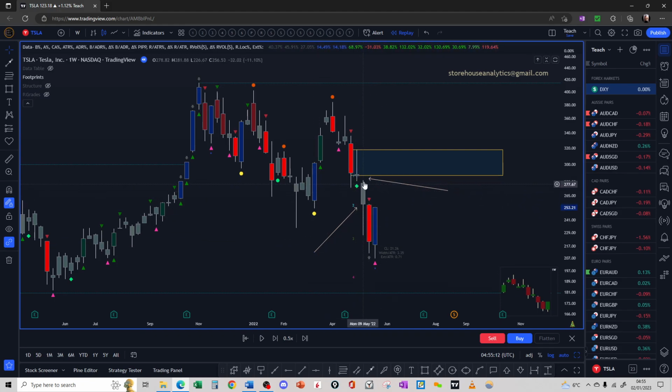Are you going to evaluate this supply zone as different to, say, this supply zone, for example? You probably will, because that one has clearly a bigger body relative to the range, almost 58% compared to this one, which is nowhere near big enough. So that's the strength that you're assessing.